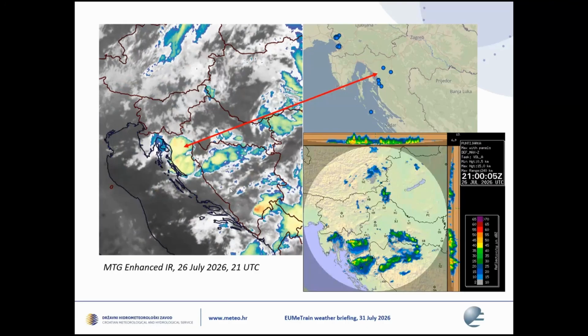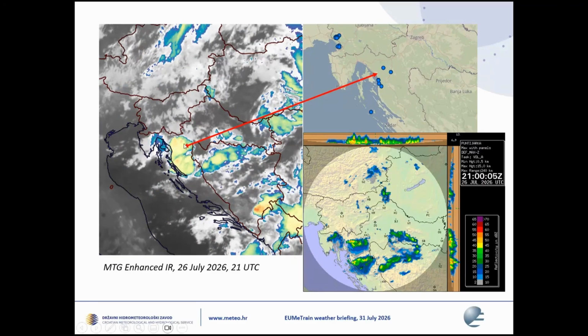But as I said, a new trough approached from the northwest, and in the mountainous region in Croatia, in Gorski Kotar, on orography, clouds start to develop. Because satellite imagery is more limited during the night, we can monitor such systems using the enhanced infrared product.